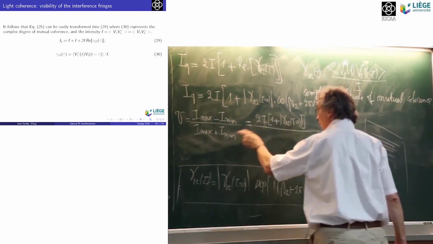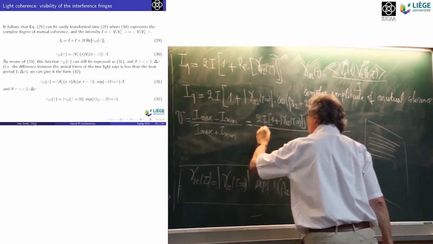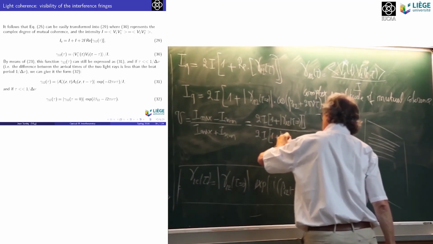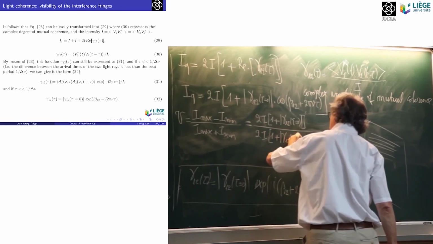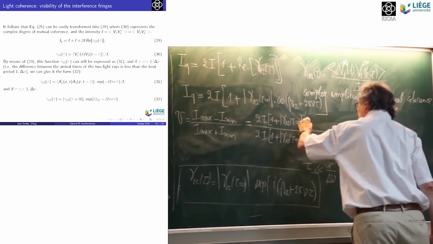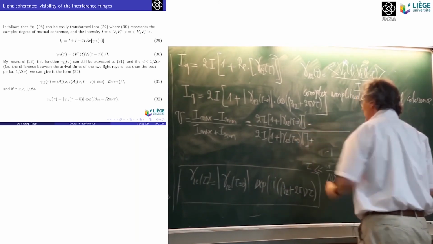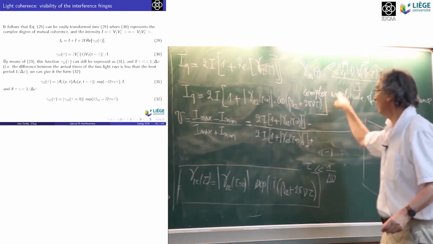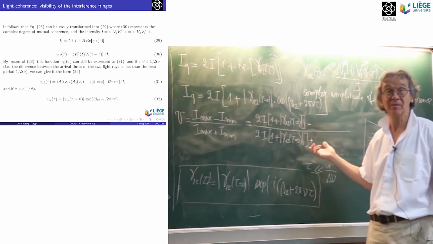Now I also indicate I max below 2i 1 plus module of gamma 1, 2 for tau equals 0. Now here I have minus and here I have plus. I mean, this will happen for cosine equal to -1.